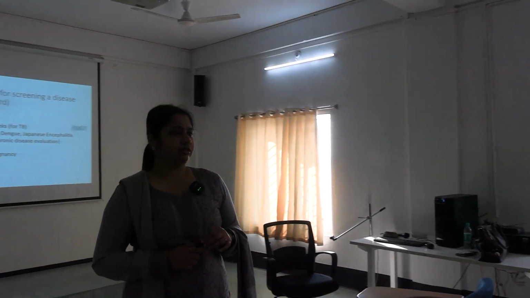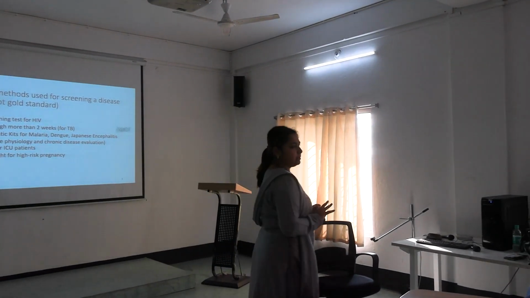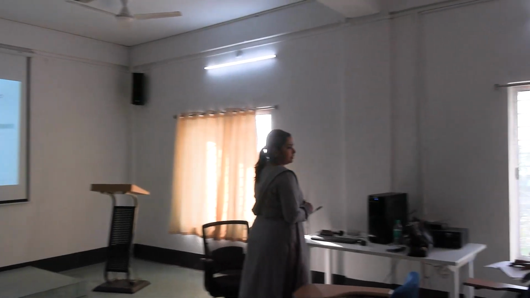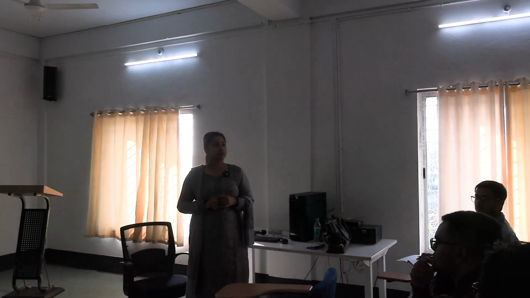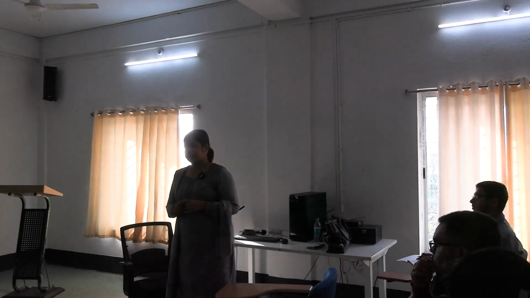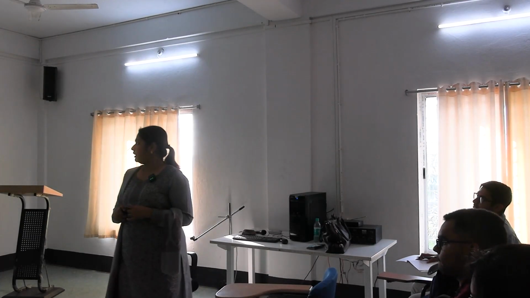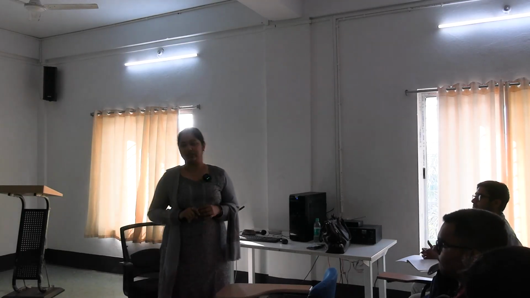ELISA is a good test. ELISA is one confirmatory test, but what is the gold standard test? Western blot. Western blot is the gold standard test. Okay? And then there is ELISA. Okay, not RT-PCR for HIV.